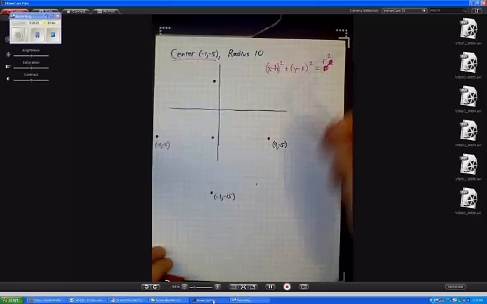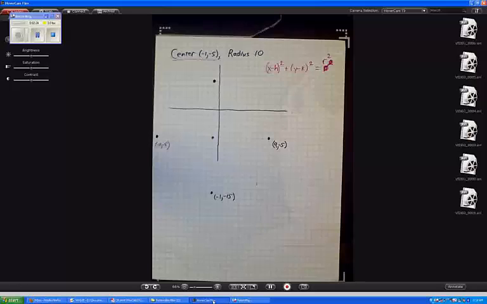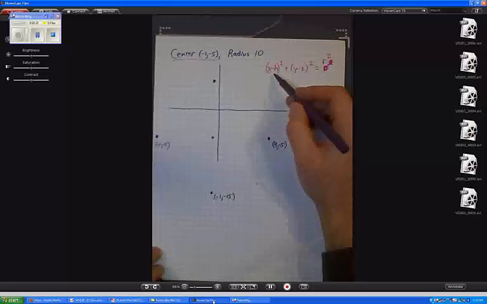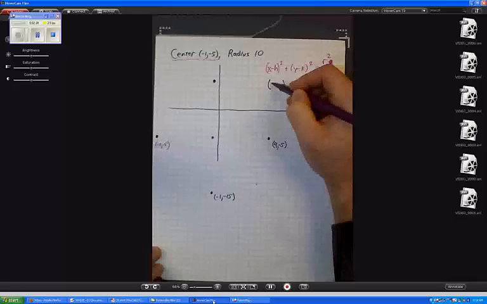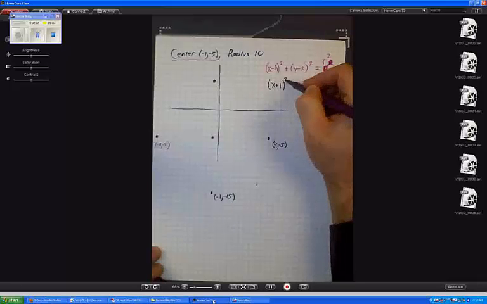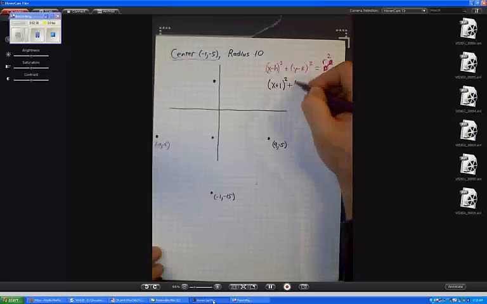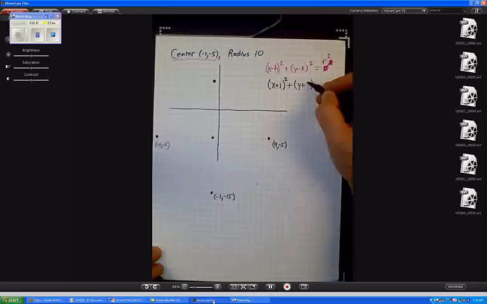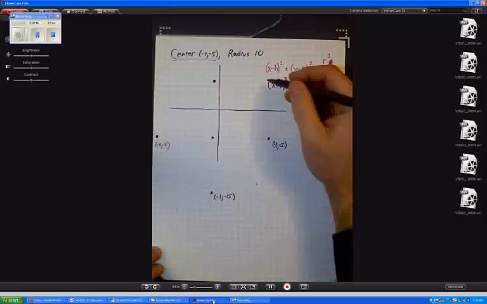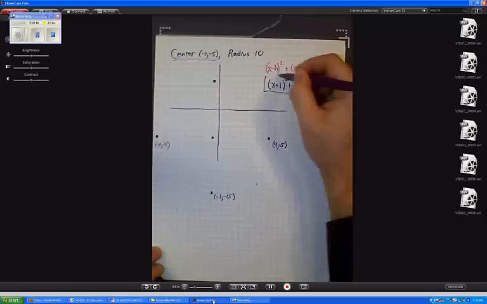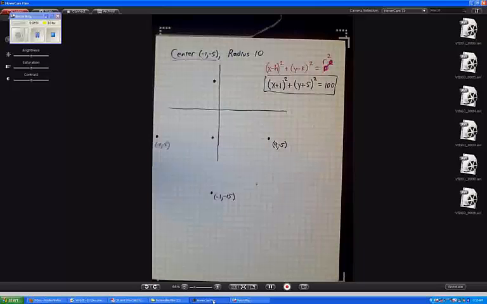And so now when we go to do ours, what should I write where it says x minus h? x plus 1 squared, right? Plus, and what do we write here? y plus 5 squared equals 100. There's the equation I want. Nice. You guys follow?